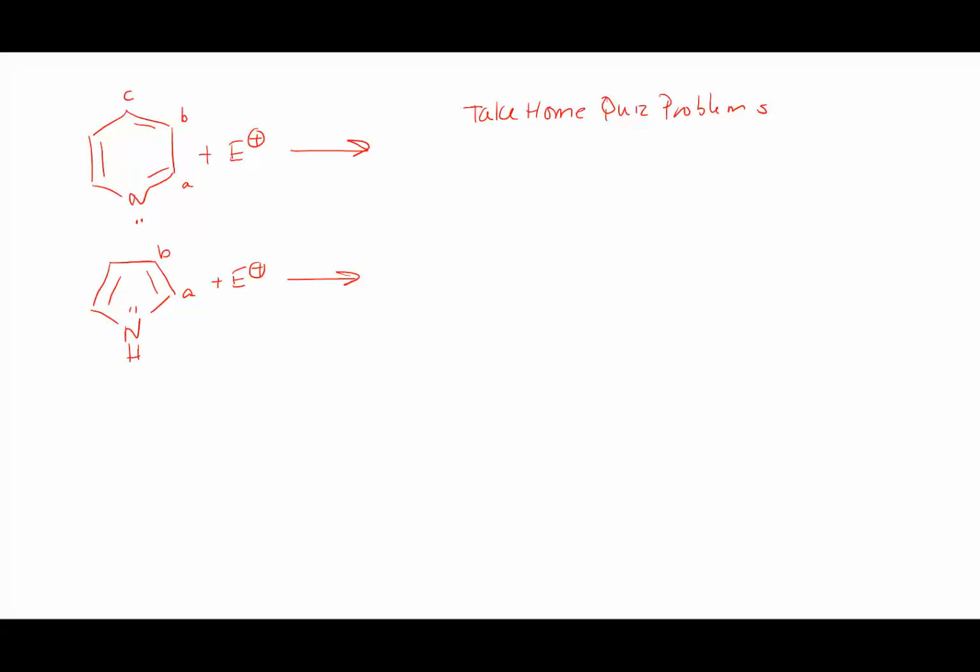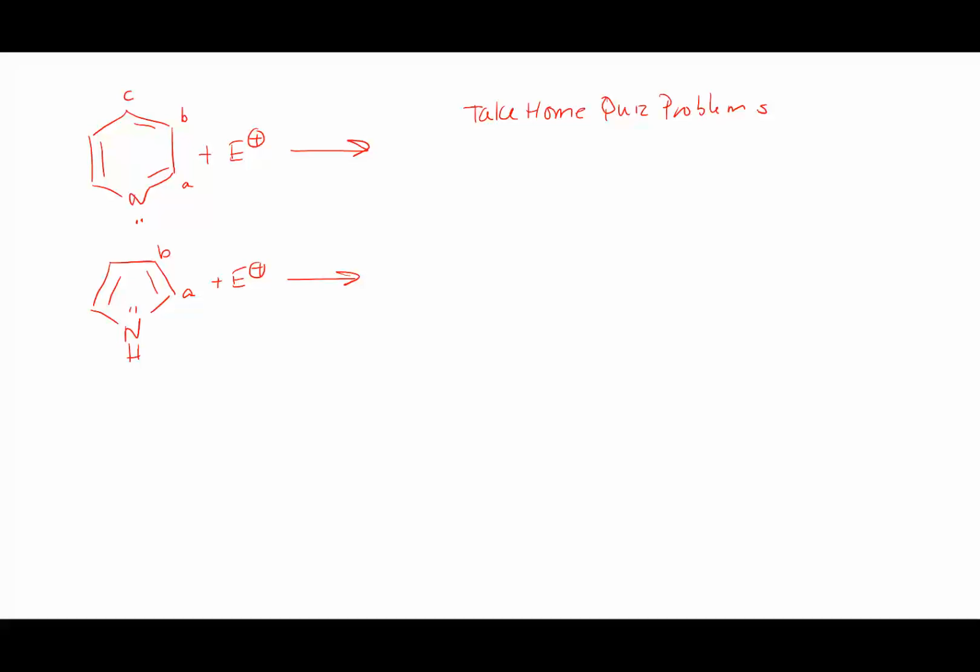Yes. That was one of the questions on the exam. So add the E plus and then write the resonance structures. Now again, is it the most number of resonance structures, or could there be a combination that's more stable? We'll have to find out. But if we do that, then that's going to tell us where to add the E plus.